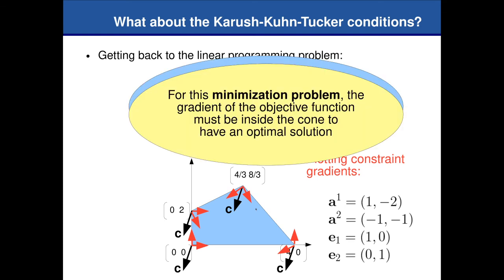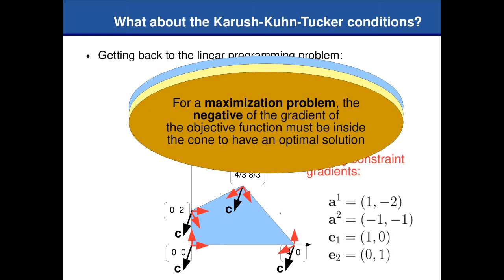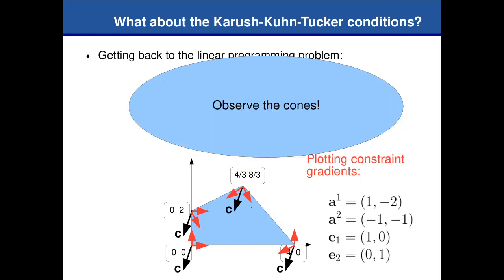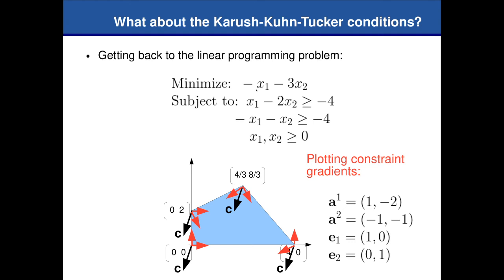I'm going to talk about this. If I had a maximization problem, take a look. The negative of the gradient lies inside my cone. So this is so interesting. Again, if I have a maximization problem, the negative of the gradient vector of the objective function lies inside the convex cone. If I am considering a minimization problem, when I find the gradient vector of this objective function, it will lie inside my convex cone defined by my constraints.